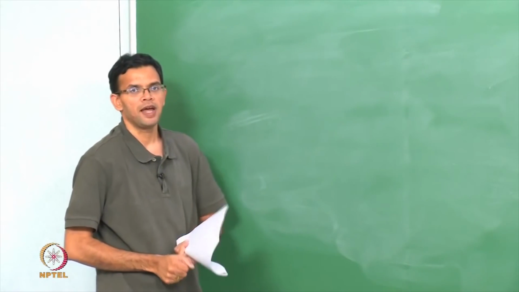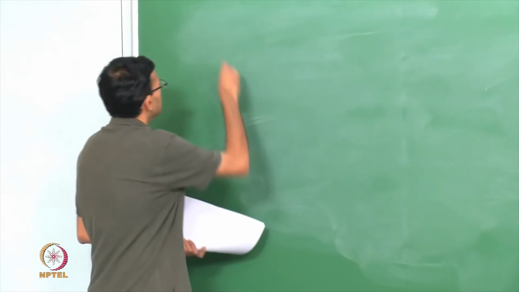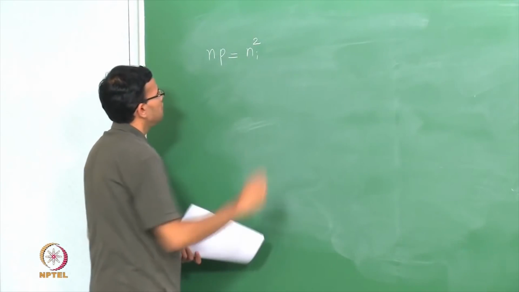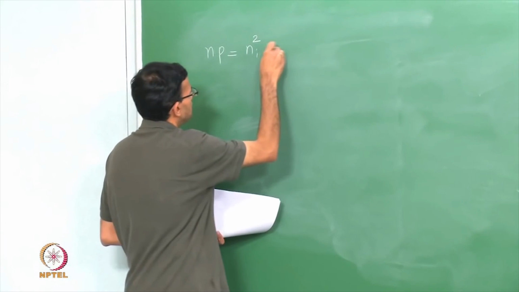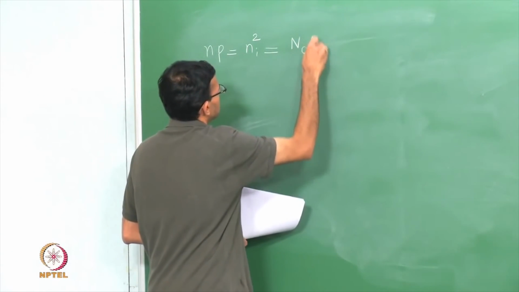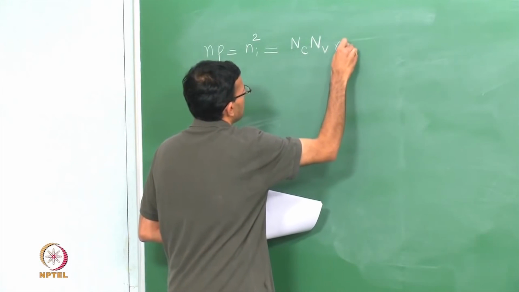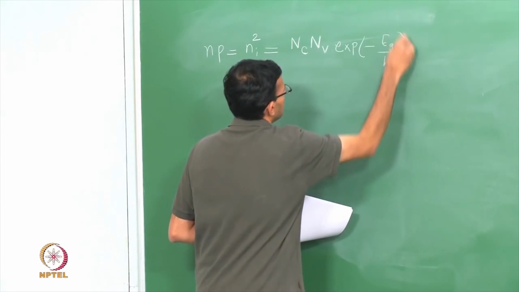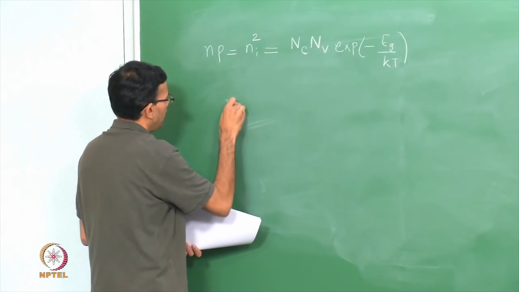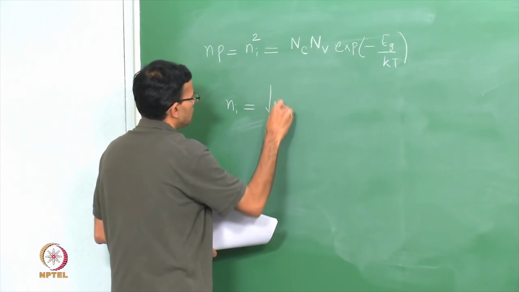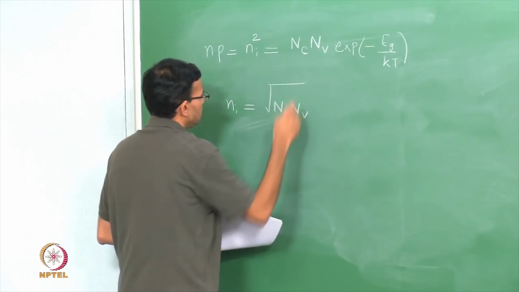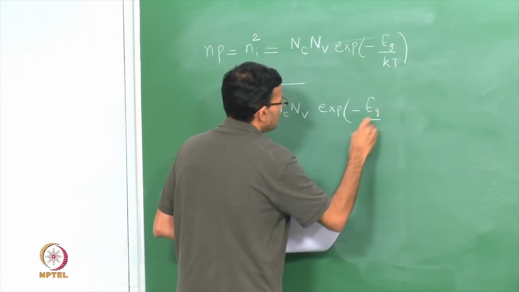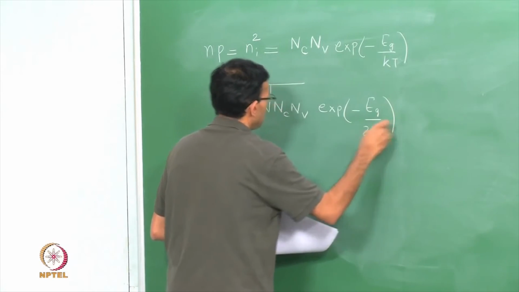If we make use of the fact that n is equal to p, then we can rewrite the expression np as nothing but ni square, the square of the intrinsic carrier concentration, equal to Nc Nv exponential minus Eg over kT, and then taking square root, you get ni is square root of Nc Nv exponential minus Eg over 2kT.